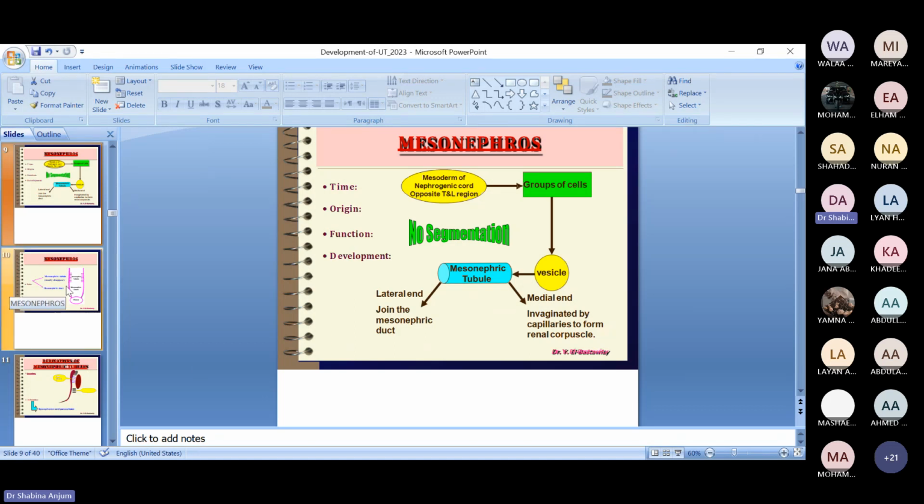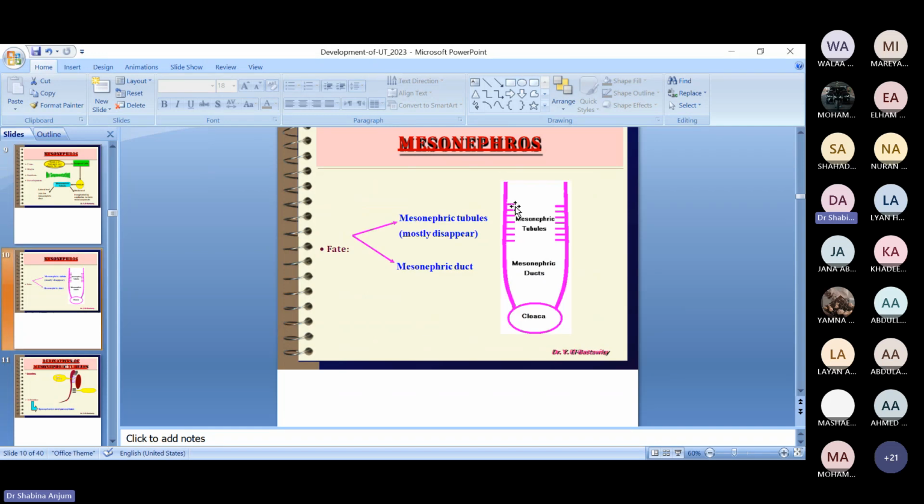So in the next slide, we can see nicely, okay. This is the cervical region, and now this is the thoracic and upper lumbar region, where you can see these mesonephric tubules have appeared. Okay, this is the medial end, and this is the lateral end. So all these tubules are joining with each other to form here the mesonephric duct, like this.